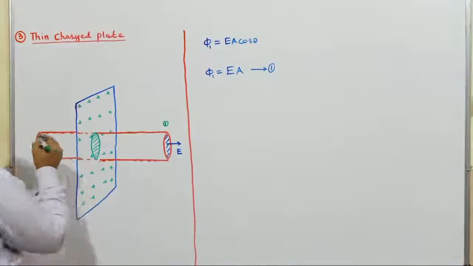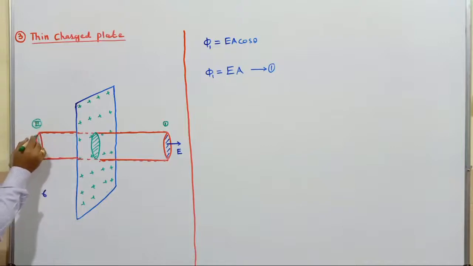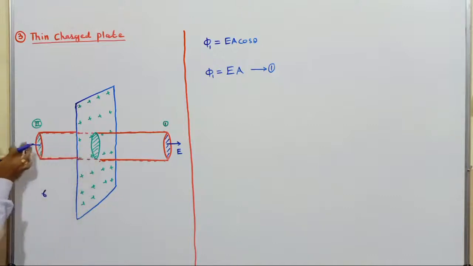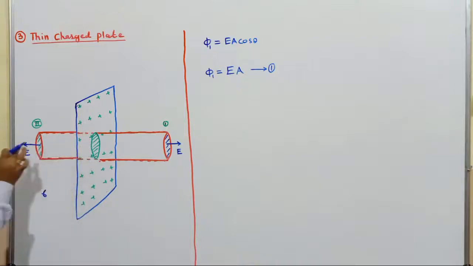Now let me go straight to the flux through the second cross section, the circular cross section on the other side. This is my second cross section, this one I am talking about. To calculate flux through it, let us assume that the electric intensity over here is again E. The field lines start from here and go away, since it is a positive charge. The area vector, if I am asked to draw, is in this direction.